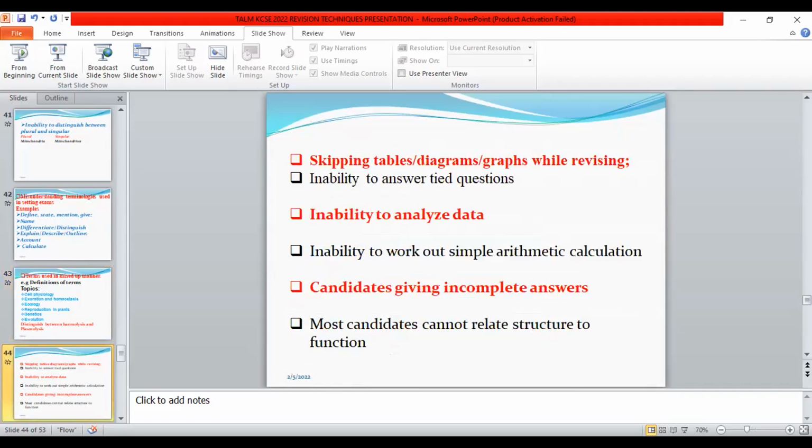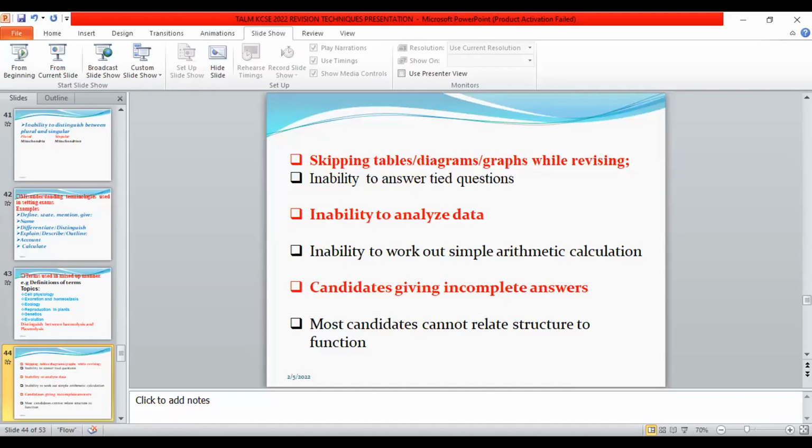We have other reasons as to why we have our students performing very poorly in biology paper 1, and it is because they skip those questions that are dealing with the tables, diagrams, and graphs. A good example is what was said in 2017 in biology paper 1, where students were given a question from that table in standard question number 15, topic on genetics.